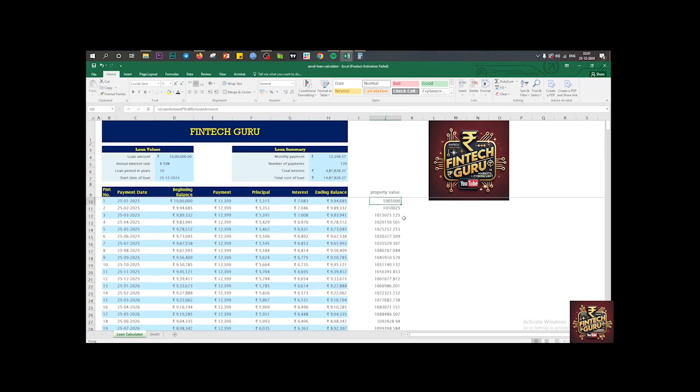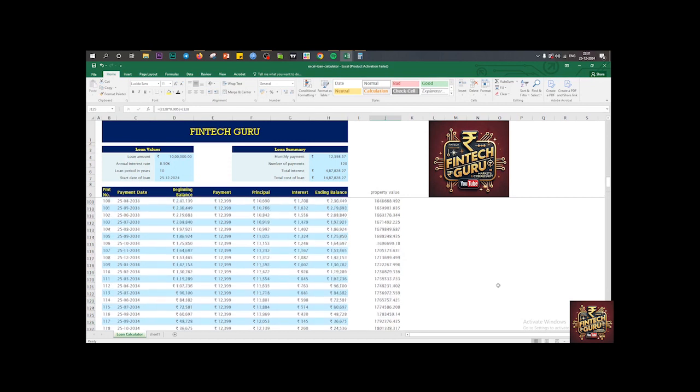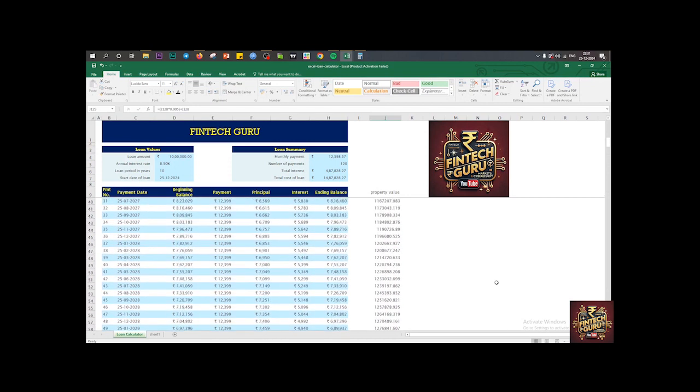So it will be like this. At the end of the tenure, end of 10 years, your property value will be 18.19 lakhs. So how much did you pay? It's 20 lakhs, and of course you have to consider the maintenance charges and the property taxes.